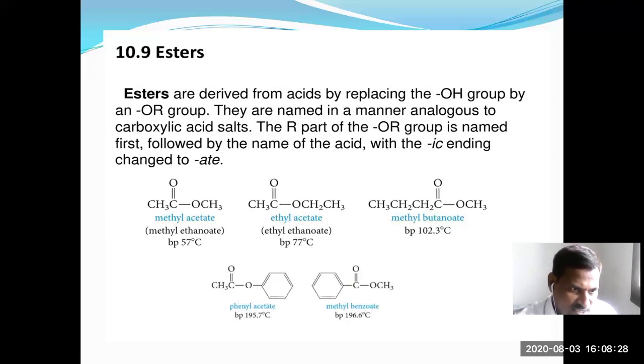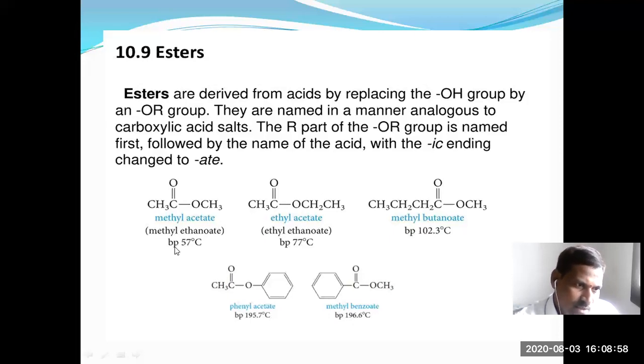These two carbons are the acetic acid part, and this is the phenyl group, so phenyl acetate. Here the R of the OR group is methyl, and benzoic acid is present, so the name of the compound is methyl benzoate.